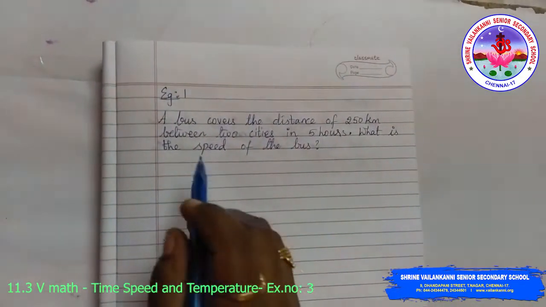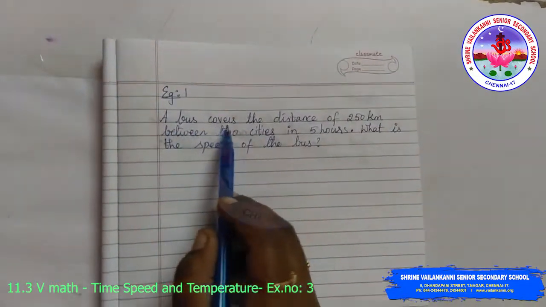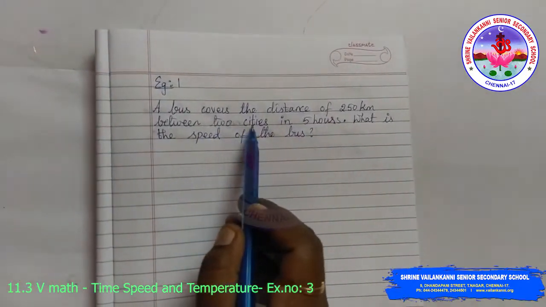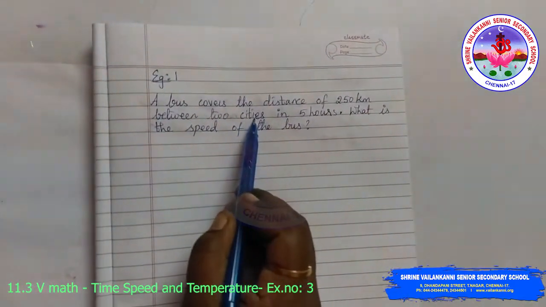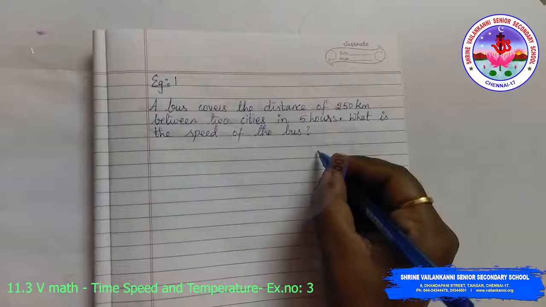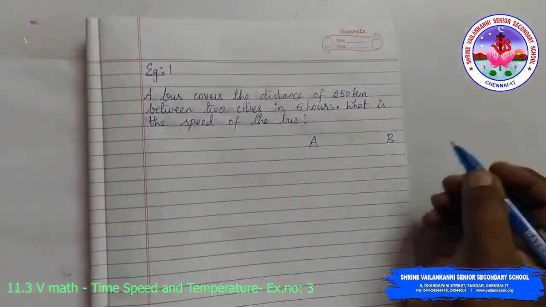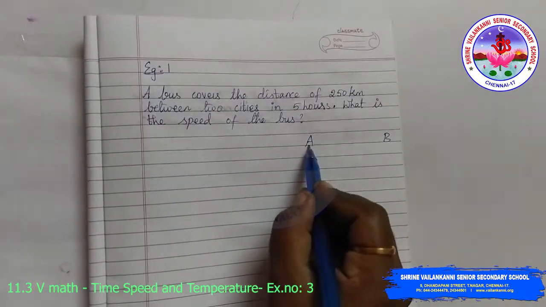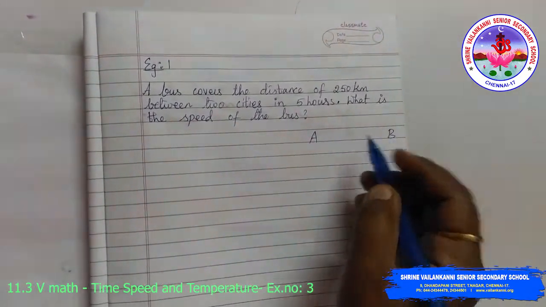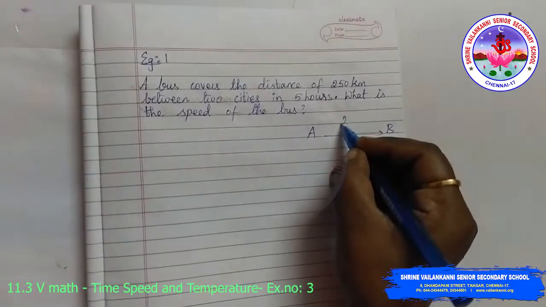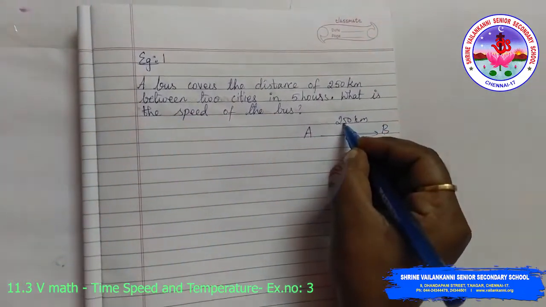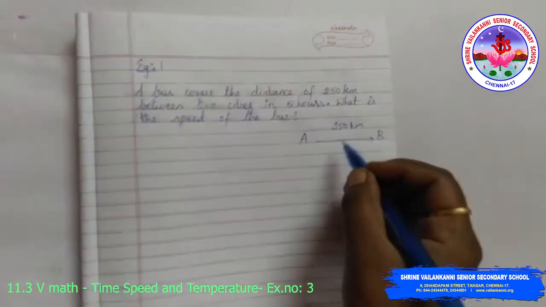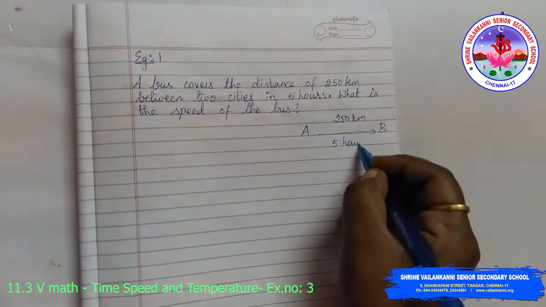If you take the first example, a bus covers a distance of 250 km between two cities. The cities are not mentioned here, we will assume them as A and B. To travel from city A to B, the total distance is 250 km, and the time taken to cover this distance is 5 hours.